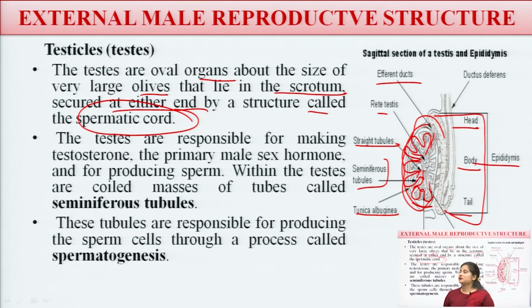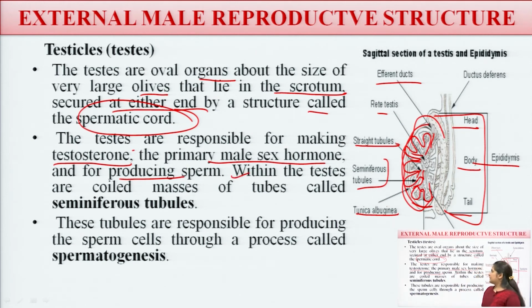So this testis occurs in the scrotum, and it is secured by the spermatic cord. The testes are responsible for making testosterone, which is the primary male sex hormone, and for producing the sperms, right.